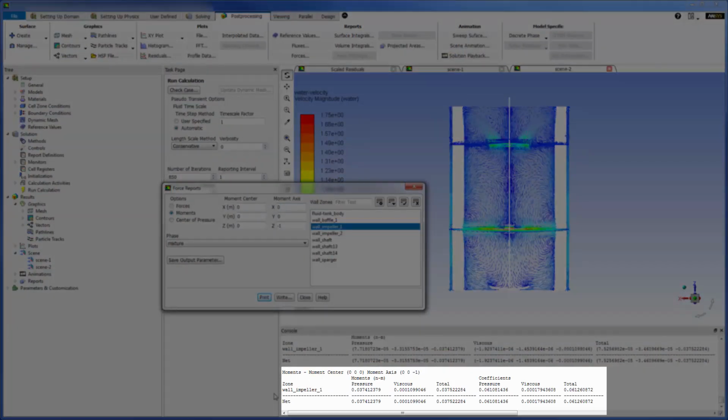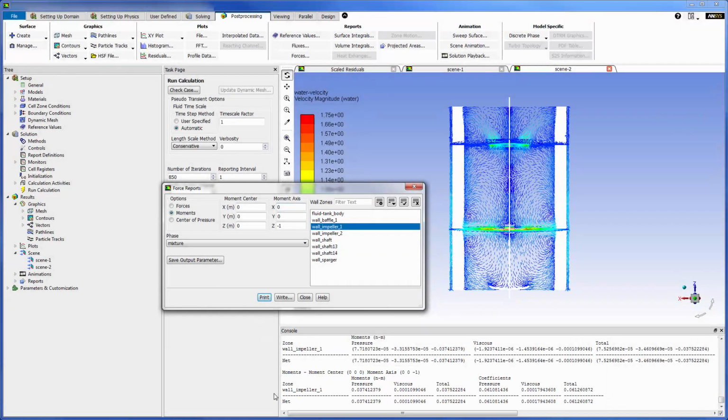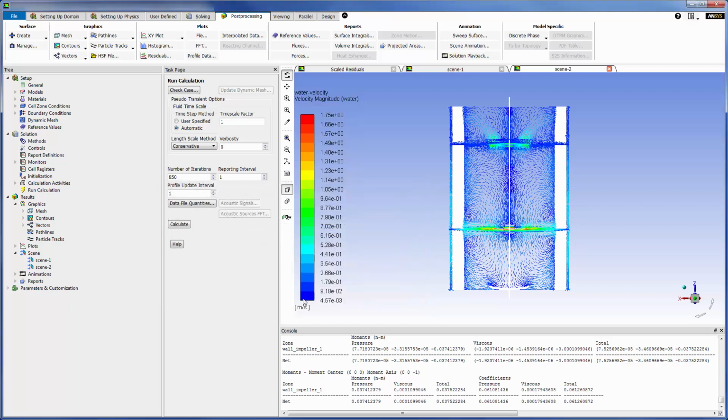That seems like a reasonable value. Using this data, I can compute the Rushton blade impeller's power number and compare that value to the empirical model. This concludes this demonstration, showing you how to solve a multi-phase mixing problem using ANSYS Fluent.